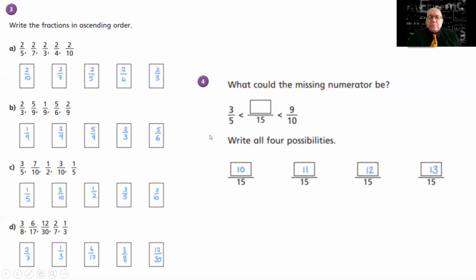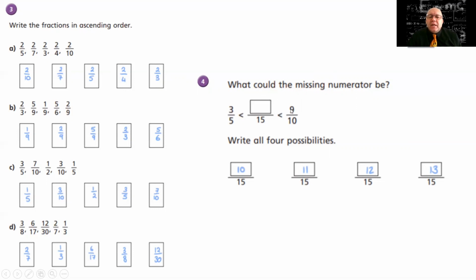Question 4. For this one, you need to turn all your fractions into 30ths. And then once you've done that, you'll be able to work out what the possible missing numbers are. So let me explain. The 3/5 is the same as 18 30ths. So we've got 18 as a numerator there. 9/10 is 27 30ths.